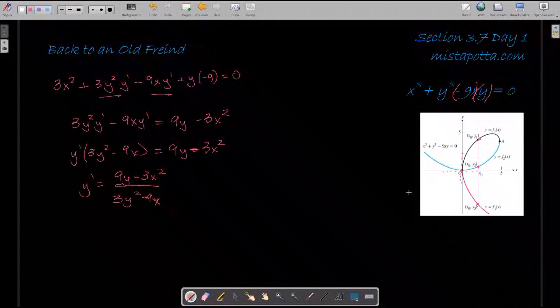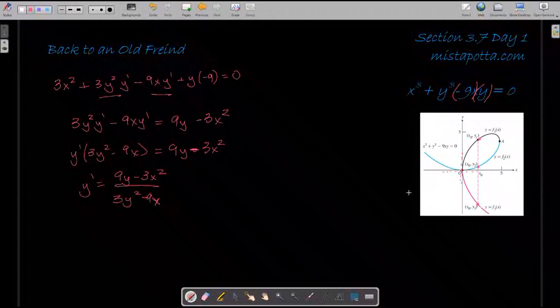It's going to save us a lot of time on algebra. It's going to give us a much more friendly answer. And so that's why implicit differentiation is very, very important.